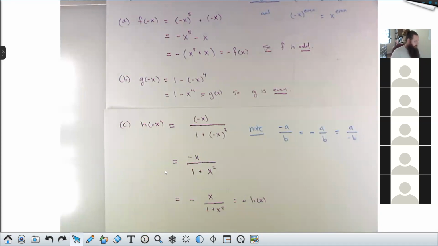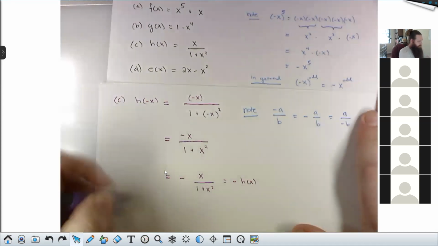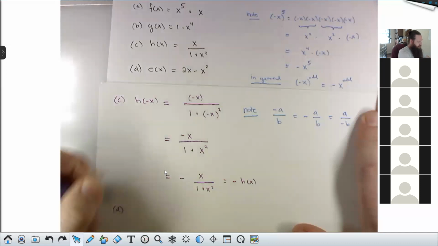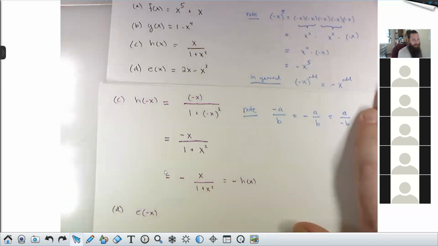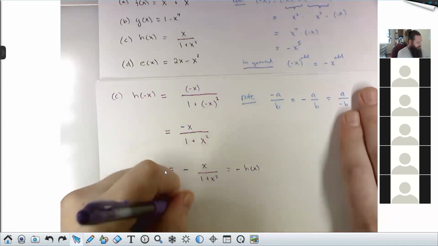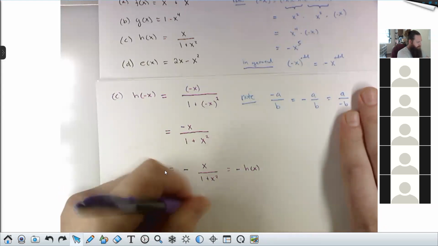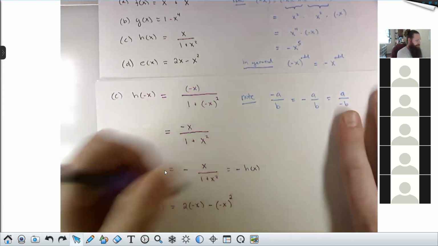All right, last one. If I take this function e and I swap x for negative x, that's going to be 2 times negative x minus negative x squared.